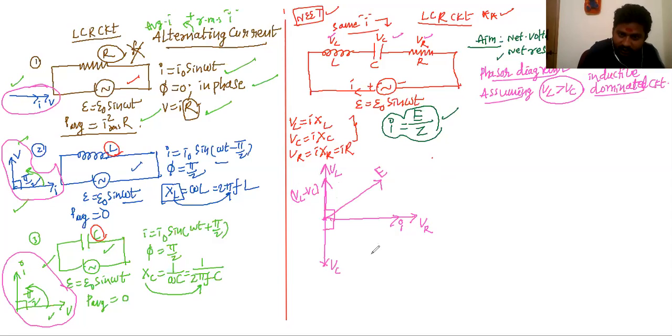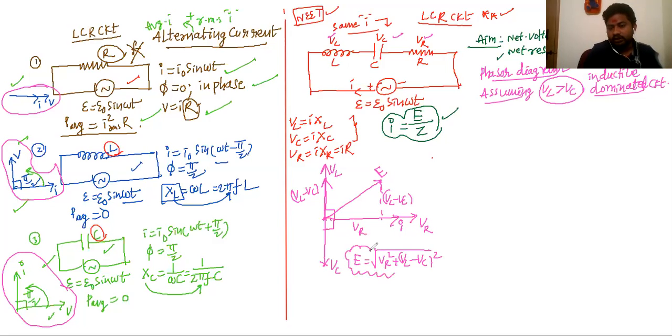You can make a triangle. This is VR and this is VL minus VC. So finally I can write E equal to square root of VR square plus VL minus VC whole square. Clear? So this is the net EMF, or net voltage, of the circuit.